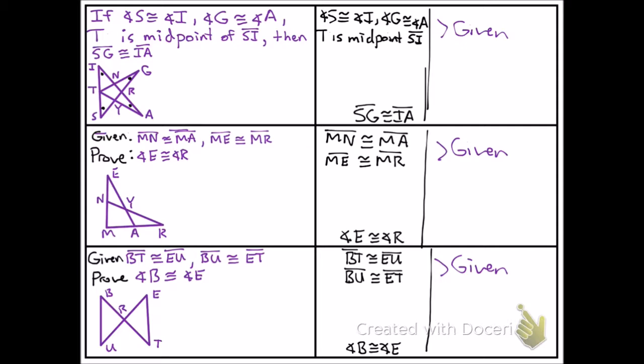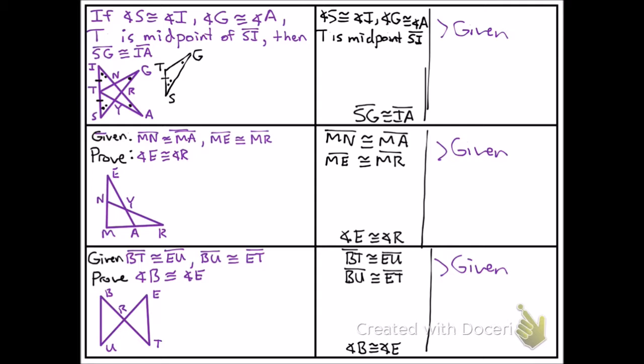Now if T is the midpoint, then that gives us those parts. So it's looking like if I redrew my triangles, I want the triangle GST because then I have this congruence. Let's label some points a little better.